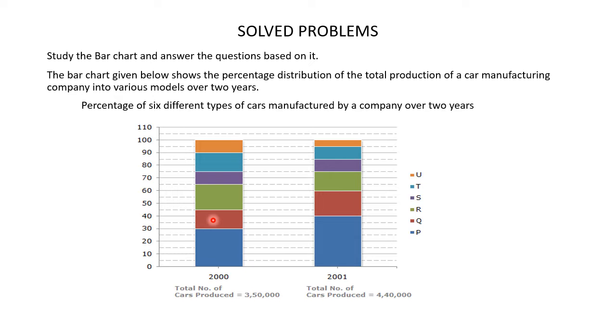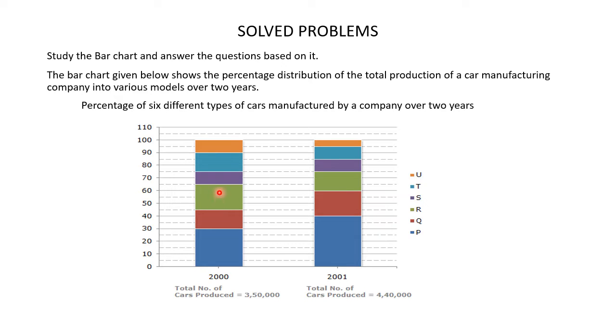Now this red rectangle indicates Q type of cars. The height of this red rectangle is 45 minus 30, which is 15. This means that 15% of the total number of cars produced in the year 2000 is of the Q type. The green rectangle represents R type of cars.